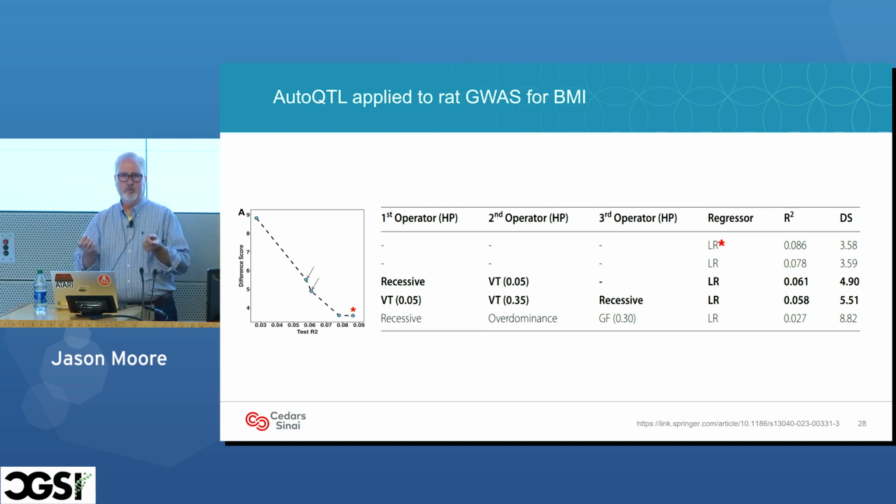Now, the point I want to make is that we didn't tell AutoQTL to do linear regression. It had access to multiple machine learning methods, all the things in the library, and it automatically selected linear regression and pieced that together with genotype encoding and feature selection strategies to improve the overfitting of the model.